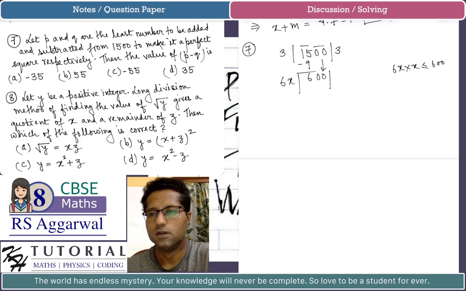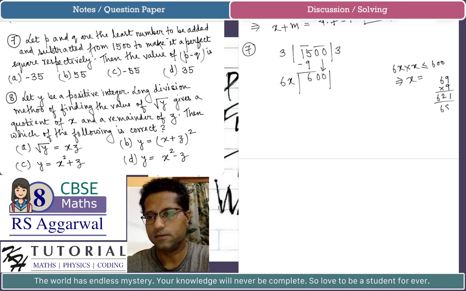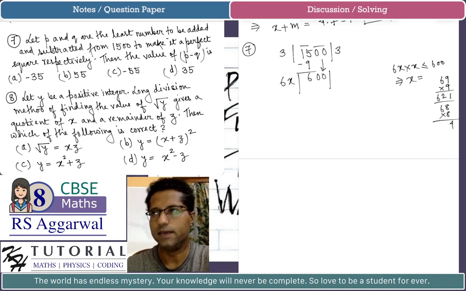So what can x be? Can x be 9? I don't think so. 69 multiplied by 9 is 621, which is exceeding 600. Can x be 8? 64 multiplied by 8 is 512, which is less than 600.